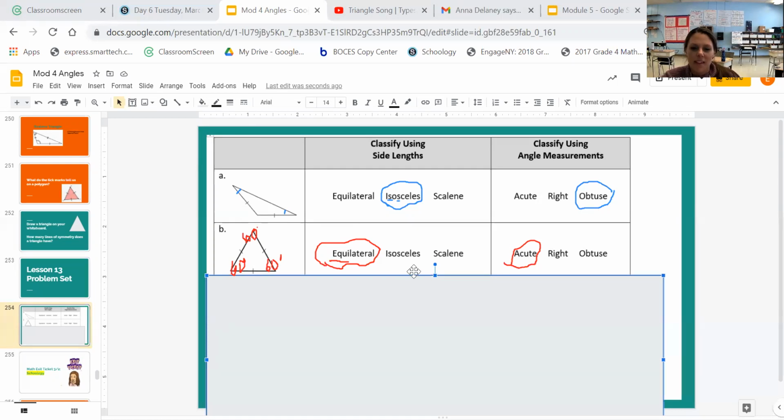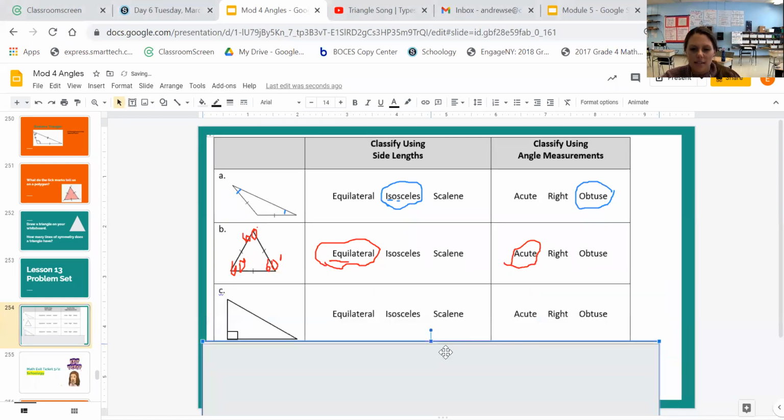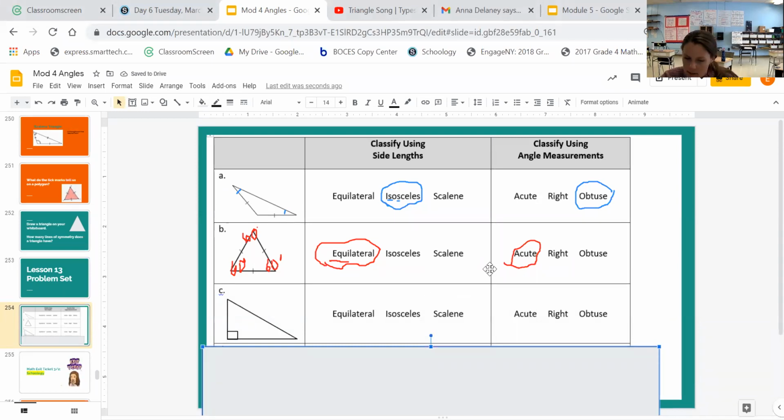Okay? Keep it moving. Ooh, this one doesn't have any tick marks, but I do notice that one angle is a little different than the other 2 angles. I also noticed that all 3 sides are different. There's no tick marks, but just looking at it, I could see that all 3 sides are different.